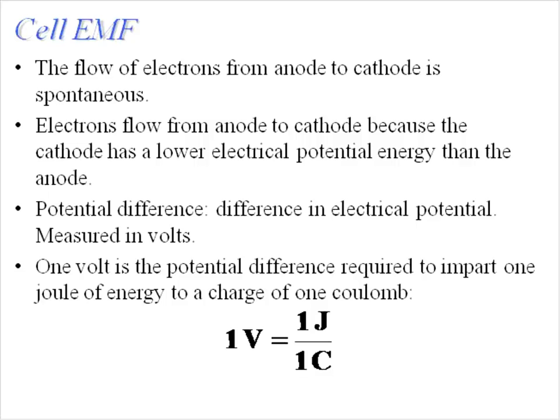That's exactly what you are seeing there. 1 joule work done divided by the charge, 1 coulomb. So that is the potential difference.